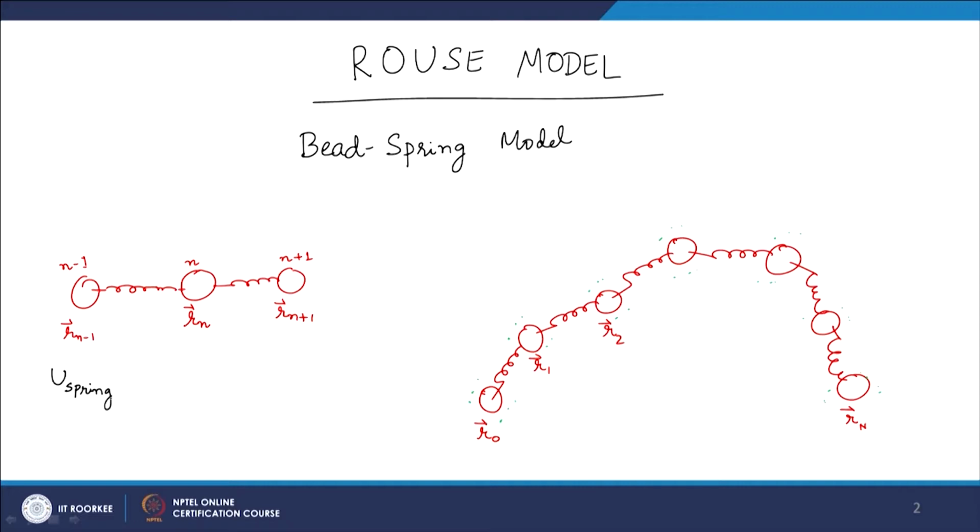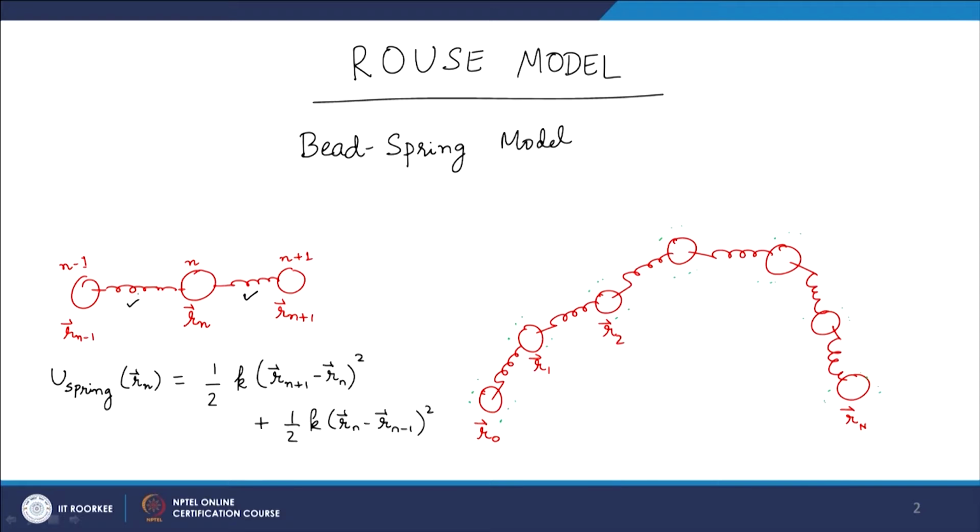So, if I talk of the spring energy that is present at Rn, for bead n, that is because of the two neighboring beads that we have, that we can write as half k (Rn plus 1 minus Rn) squared, that is for the spring right here, and then we have half k (Rn minus Rn minus 1) squared, that is for the spring on the left.